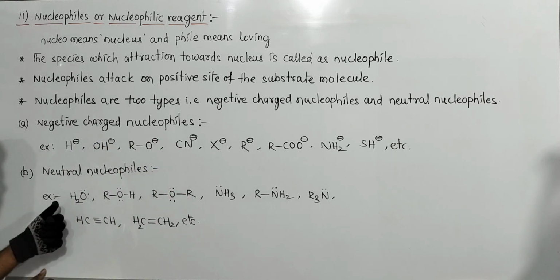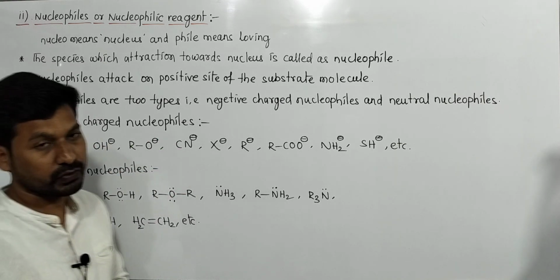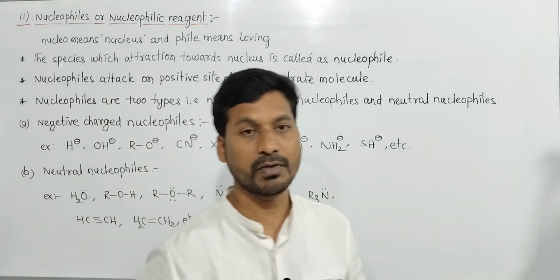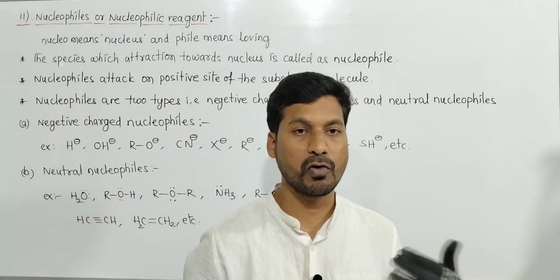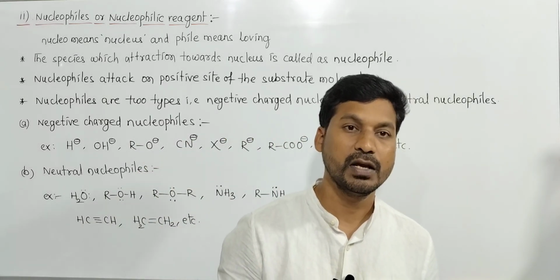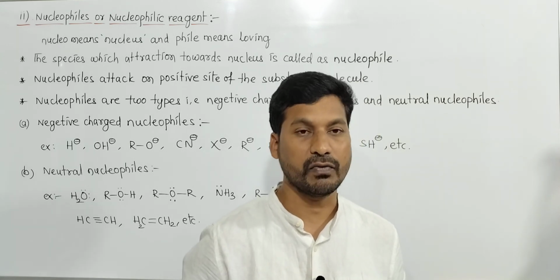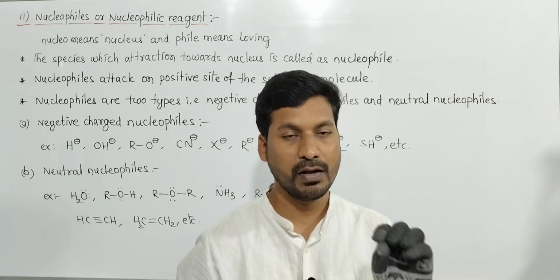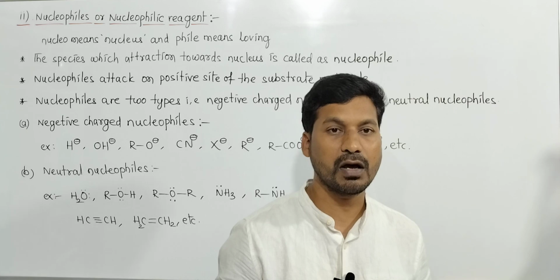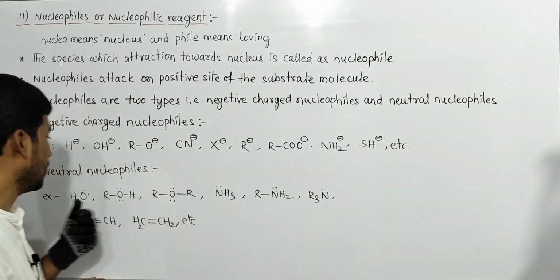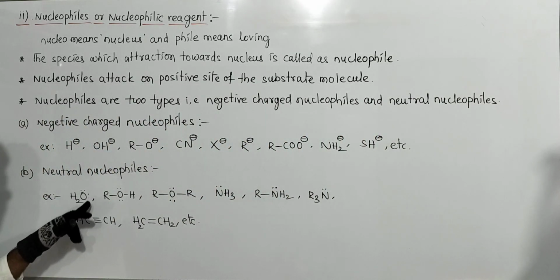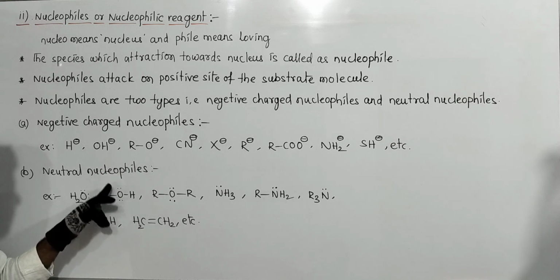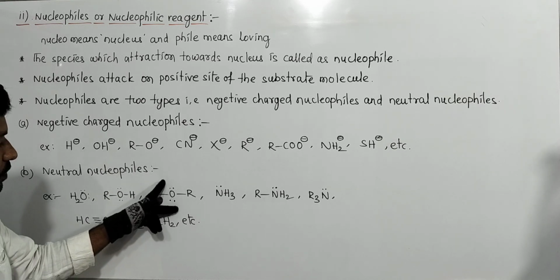Next, neutral nucleophiles. What are neutral nucleophiles? Molecules in which the central atom contains one or more lone pairs of electrons act as nucleophiles. H2O has two lone pairs on oxygen. Alcohol, the oxygen has a lone pair.